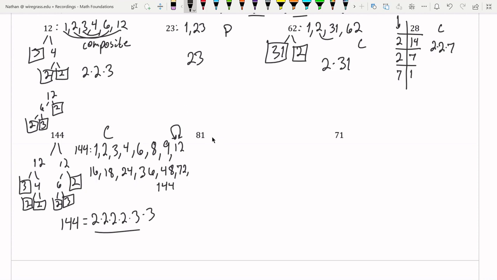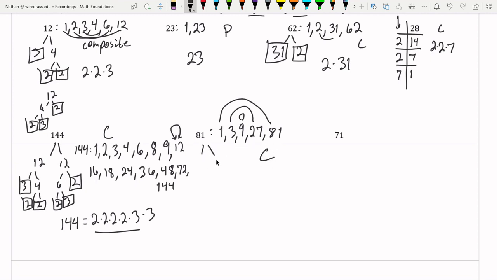Okay, 81's an interesting number. 81, the factors of 81 is going to be 1, 3, 9, 27, and 81. 9 times 9, 3 times 27, and 1 times 81. I know that because I actually know the prime factorization of 81. This is definitely a composite number because it's got more factors than just 1 and 81, right?